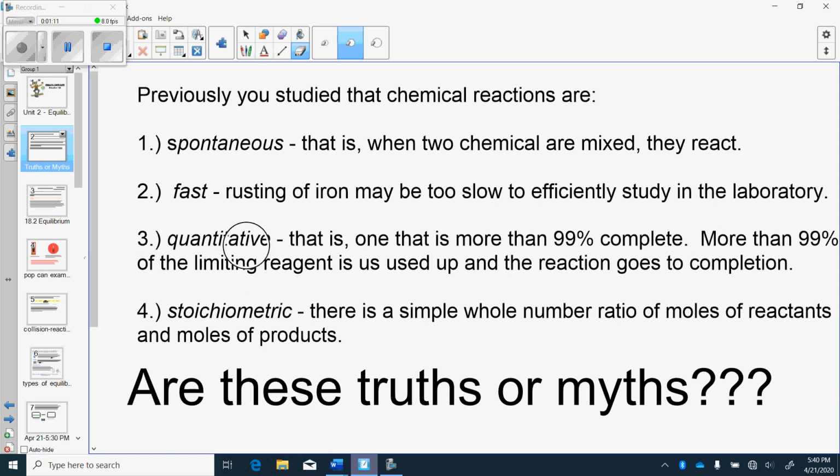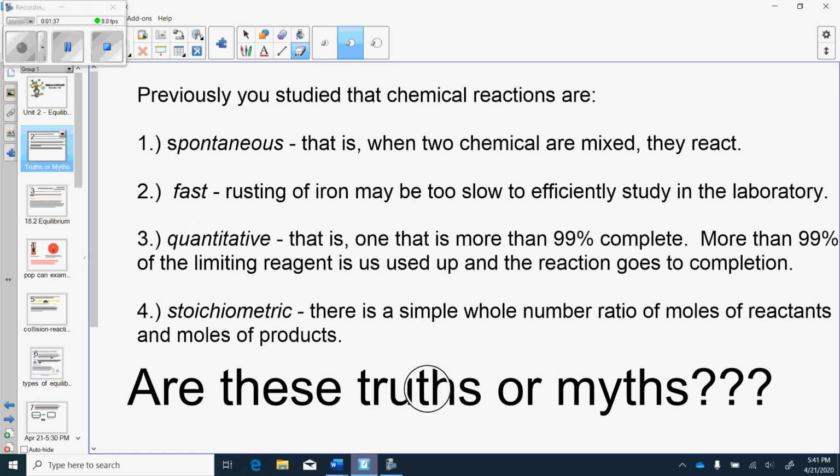Quantitative means that reactions went to completion, and what we meant by that is all of our reactant would be turned into product. Realizing that one of our reactants would probably run out first, the limiting reagent, and once that occurred, we would have made all the product that was possible. So this is the concept that we're going to decide is true or a myth.